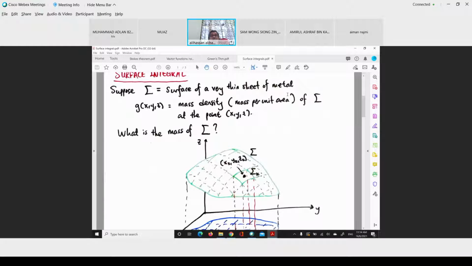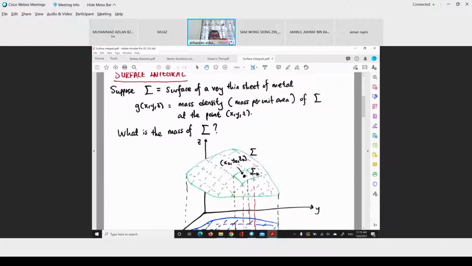For two-dimensional, we discussed lamina, isn't it? A thin sheet of metal, we call it a lamina. So now we consider sigma as a surface of a very thin sheet of metal.